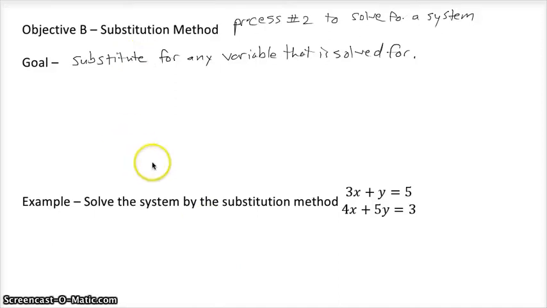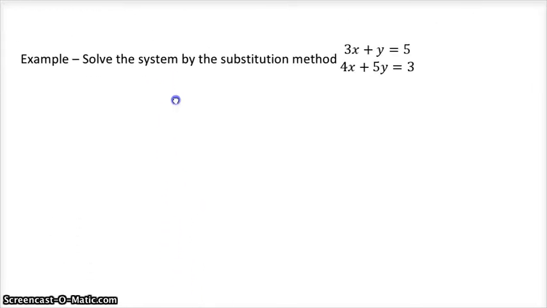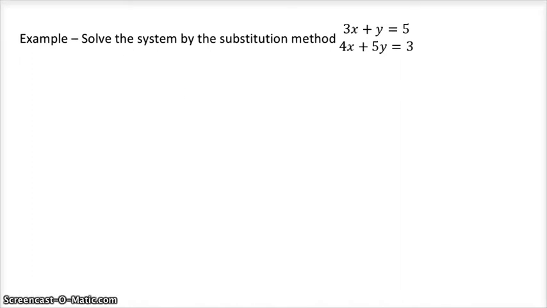So the process that I talked about, called the substitution method, says that we can substitute for any variable that's solved for. So what we're going to try and do is more algebraically try and solve for a specific system. And what I mean by that is I need to make a decision, and this is something that you can do multiple ways, but it doesn't really matter because every way is going to work out if you do the algebra correctly.